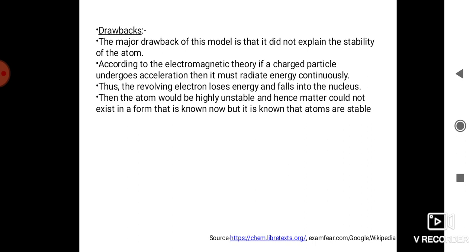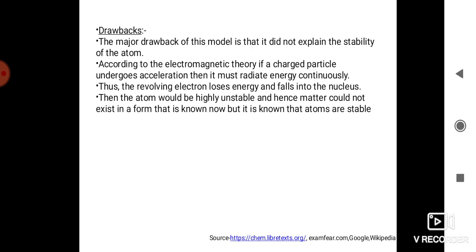What were the drawbacks of the Rutherford structure of atom? The major drawback of the Rutherford model was the stability of the atom. Rutherford suggested that the electrons are revolving around the nucleus. Being negatively charged, these revolving electrons will be attracted by the nucleus, as the nucleus is positively charged.